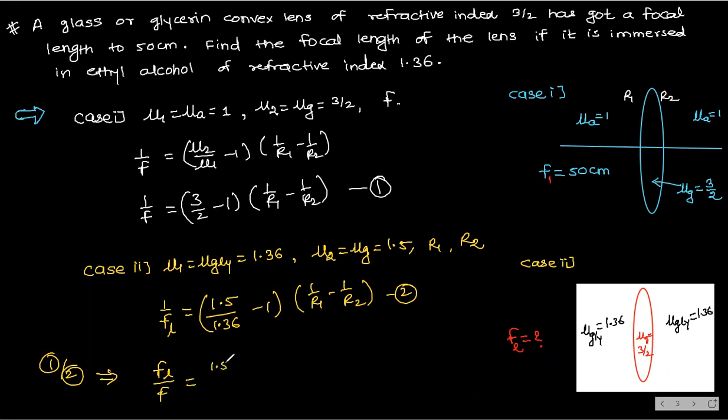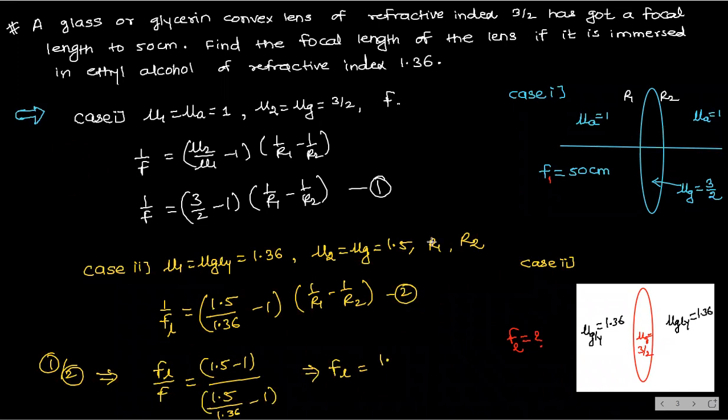So 1.5 minus 1, 3 by 2 minus 1 means 1.5 minus 1, divided by 1.5 divided by 1.36 minus 1. And this 1 by R1 and 1 by R2 will get cancelled. So if I now find out FL is equal to, 1.5 minus 1 कितना होगा 0.5.